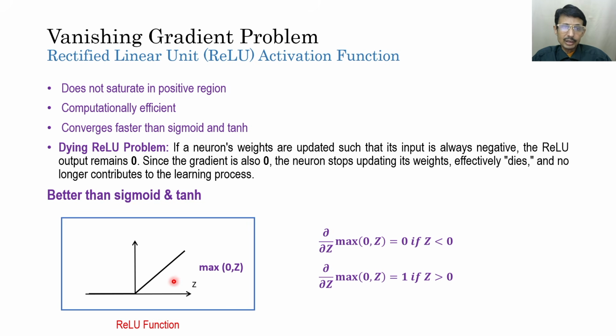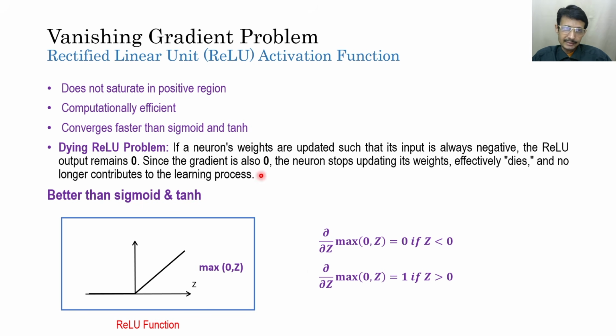But there is one issue with this. It's called the dying ReLU problem. What does this mean? If a neuron's weights are updated such that its input is always negative, the ReLU output remains 0. Since the gradient is also 0, the neuron stops updating itself, effectively dies and no longer contributes to learning. Definitely it is better than sigmoid and tanh, particularly when the value is positive.